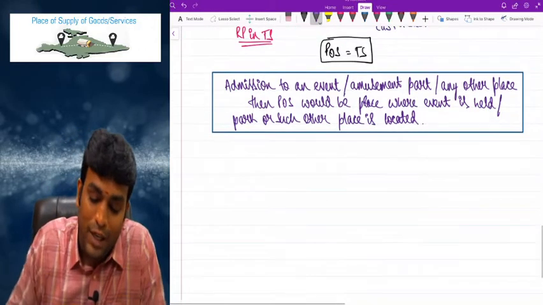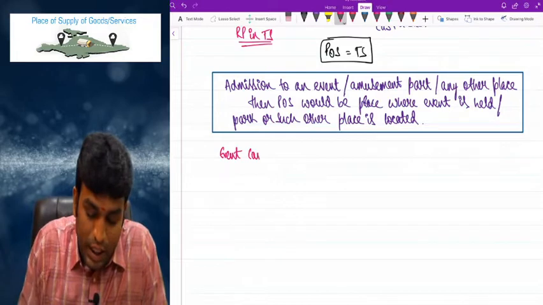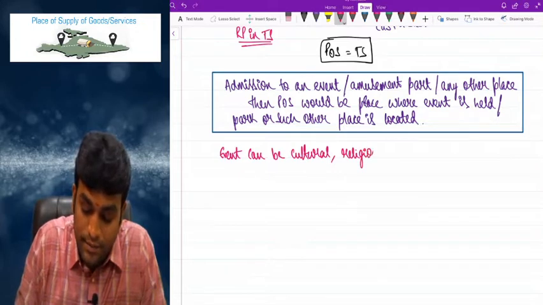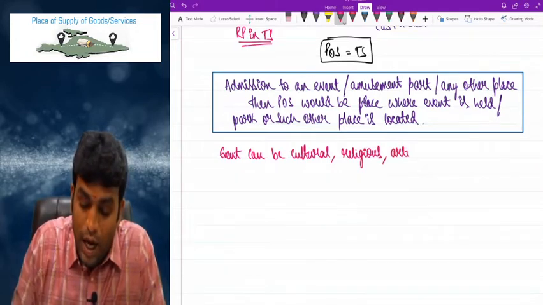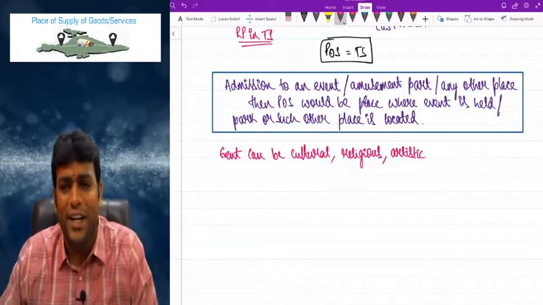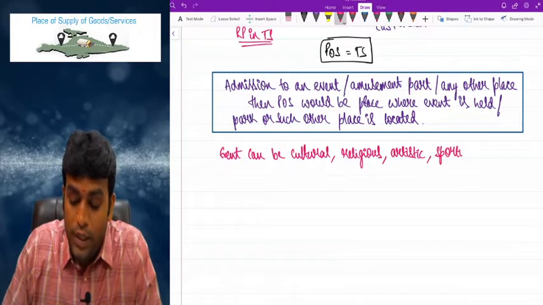And just to add on one line, my dear friends, an event can be cultural, religious, artistic, correct, right? The event can be a cultural event, religious event, artistic event, or it could also be a sporting event.